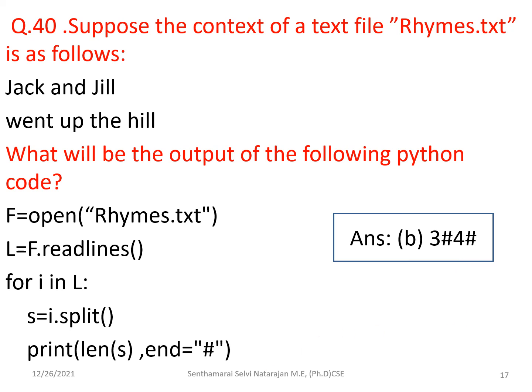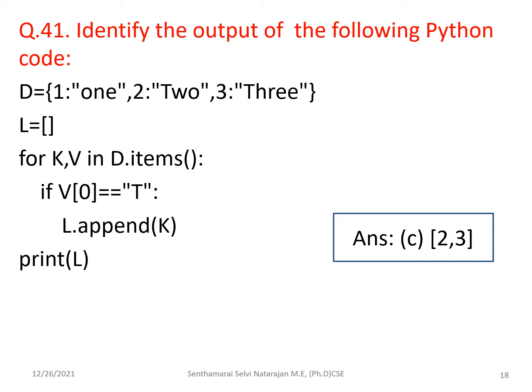Then question 41. Again identifying the output, here you see they have given the dictionary and then a list. So key value pair is here. So for key and then value in d dot items, if v[0] is equal to t, they are checking for the value. If the value is having the character t, then you can append it to the list.